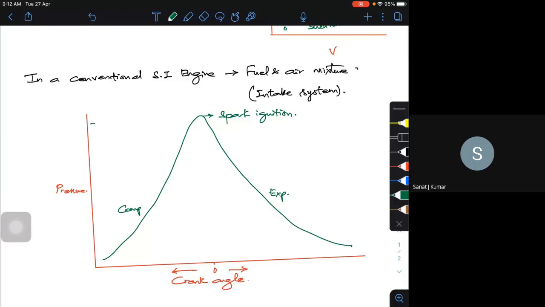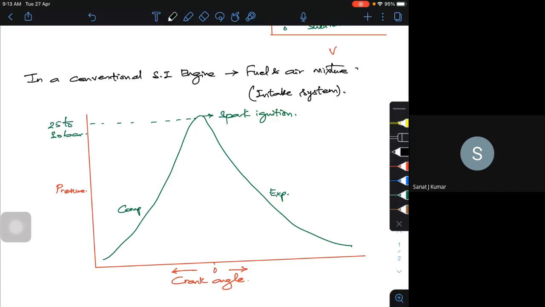Compression, expansion. The peak pressure will be achieved somewhere here, around 3 megapascals, or somewhere around 25 to 30 bar. So 25 to 30 bar is the pressure achieved in a spark ignition engine, in an SI engine.